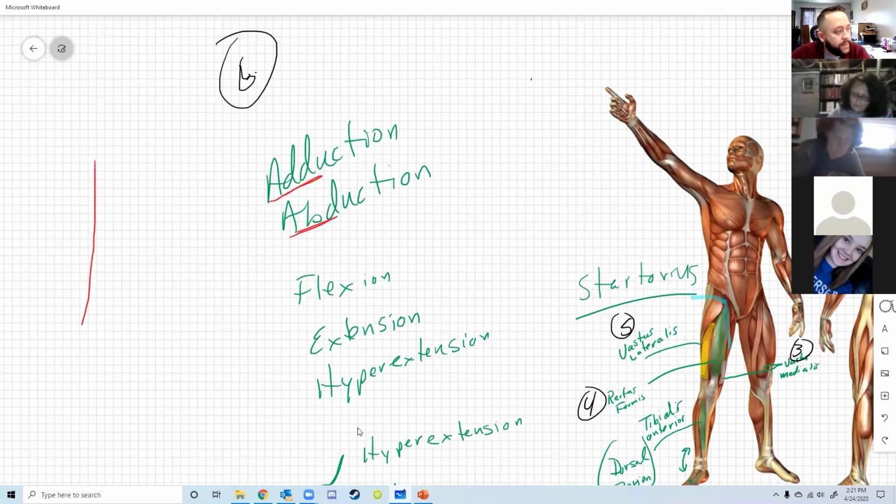If this is the midline of my body and I take my arm and I move it out away from my midline, that would mean I'm abducting. I'm taking it away from the midline. It's being abducted. But if I move it back towards the midline, I'm adding it back to the midline. I'm adduction. So here's what it looks like. This is abduction, and this is adduction.